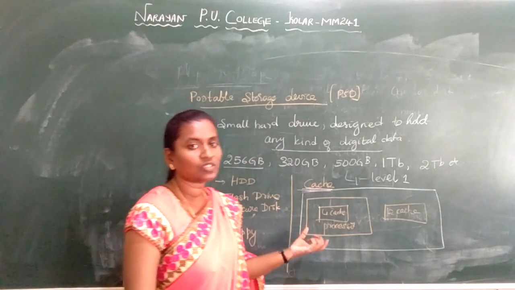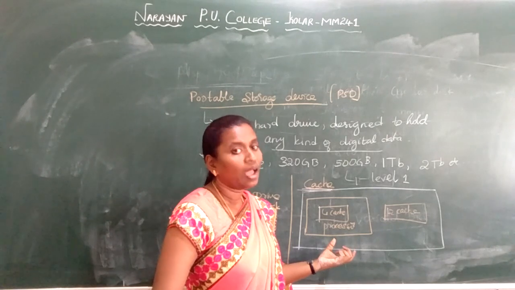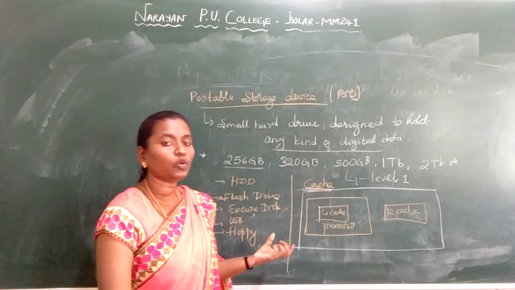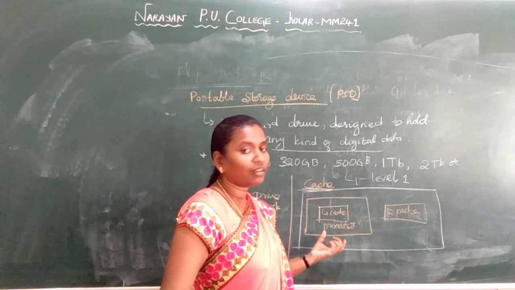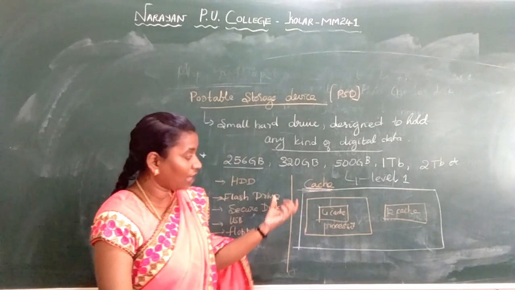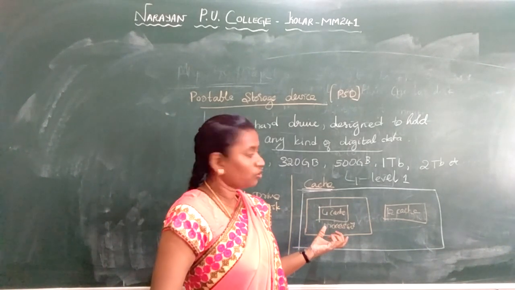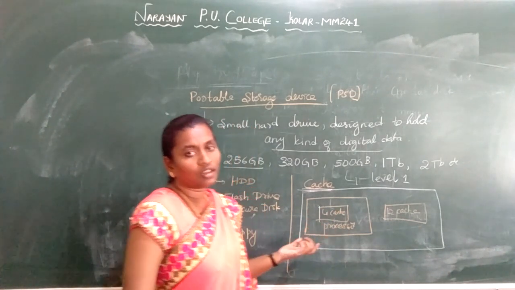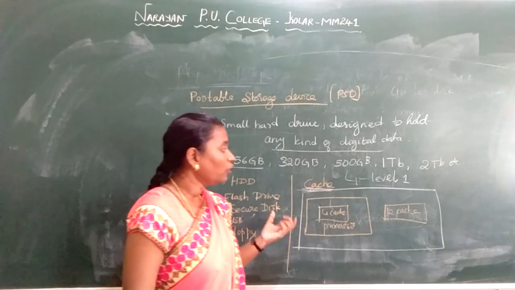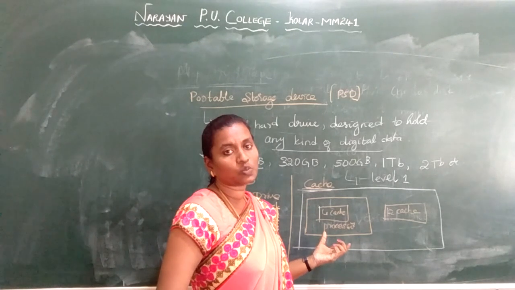The memory capacity is very small compared to main memory, but it is much faster than RAM. RAM is slower, but cache is very fast. We cannot use it for large storage.